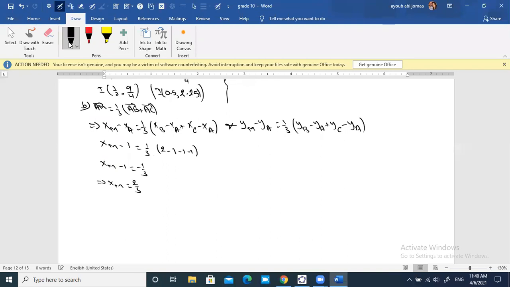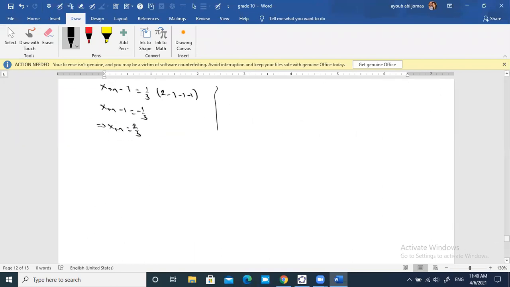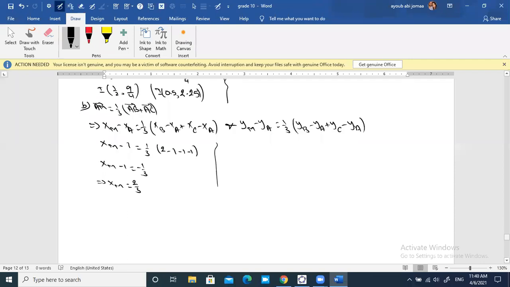Okay, what about y? We also replace: y of M plus 2 equals 1 over 3 times (yB plus 2 into 3, plus 2 3 plus 2, plus 1.5 plus 2).